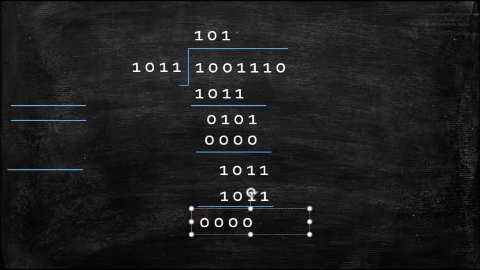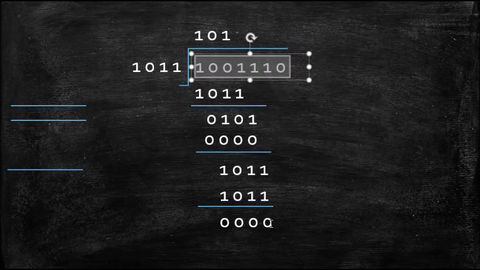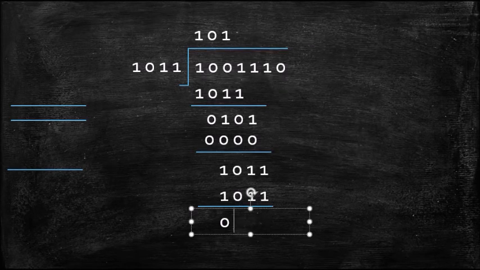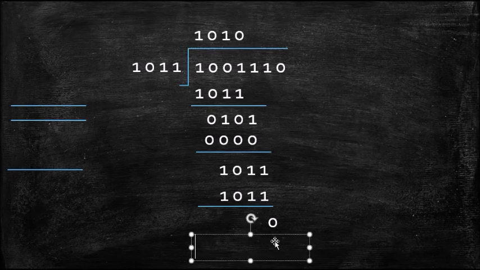Now we have another 0 here, we can't leave it here. So we bring the 0 down. The 0 would be another 0. It will be 0, 0, 0.